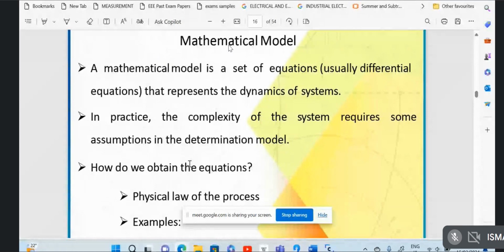So physical parameters are always assumed to be constant with time variation, which makes the coefficients of the system equations constant. We always assume that systems are constant.